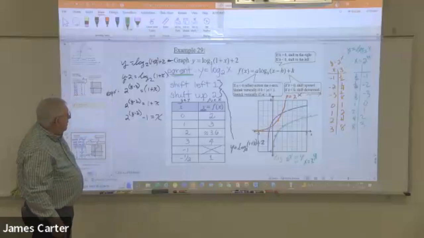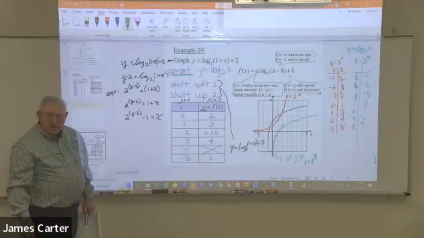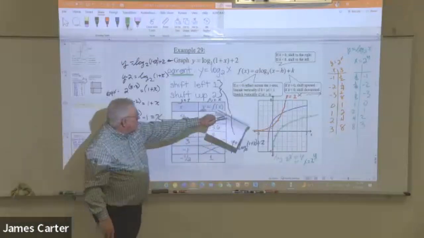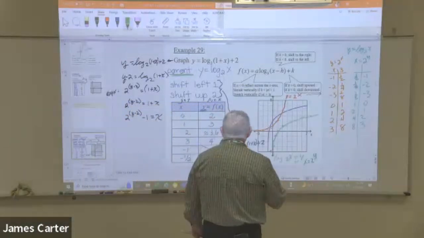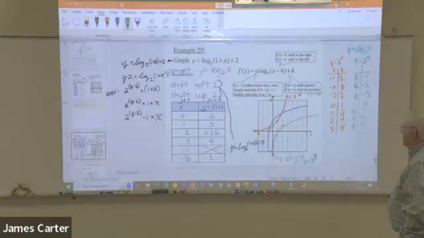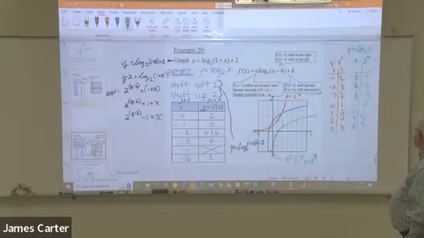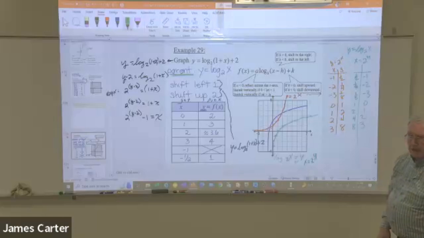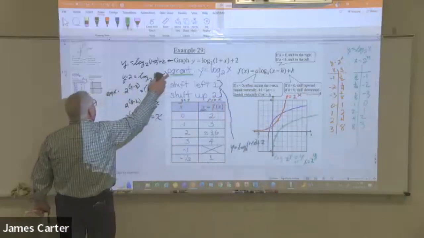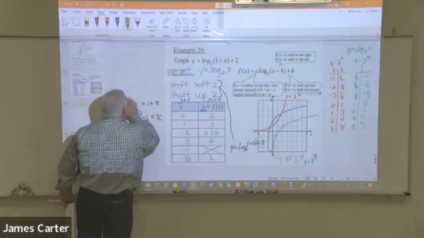And I could try a negative value too if I wanted to. But these are basically the same coordinates as those. But man, that thing's a pain. No matter how you go about it, it is a pain.